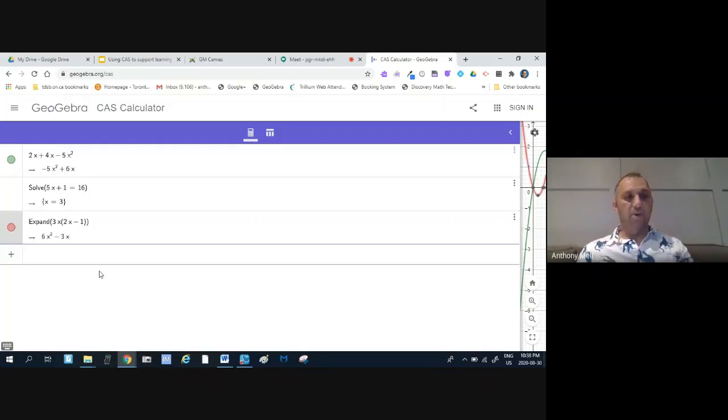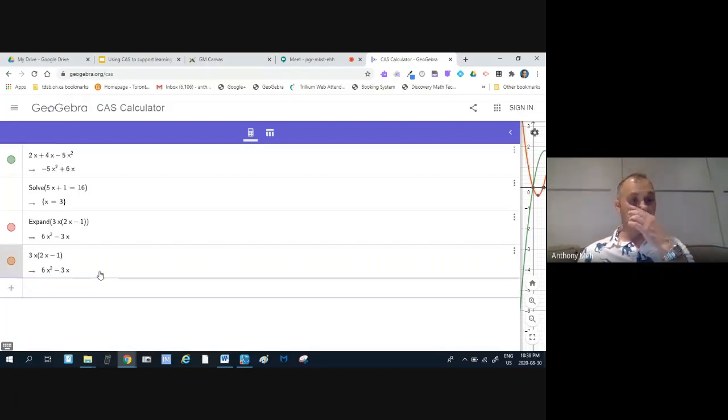With the GeoGebra, I actually don't have to do that. I could just say 3x times 2x minus 1, and it'll automatically expand it because it's going for a simplified form. And when this is given in factored form, it goes, no, we can do some of those operations. So it just goes ahead and does them. So the syntax is slightly different using GeoGebra versus the Inspire, but it does basically the same things.